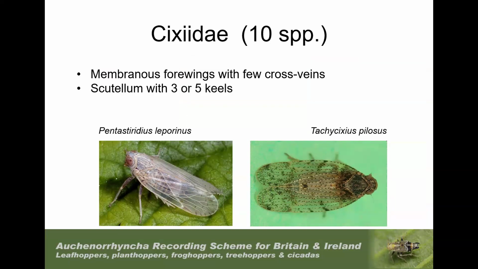Moving on to the last few families, the Cixiidae, just 10 species. They have membranous, semi-transparent forewings, where the veins are mostly longitudinal, with very few cross veins.